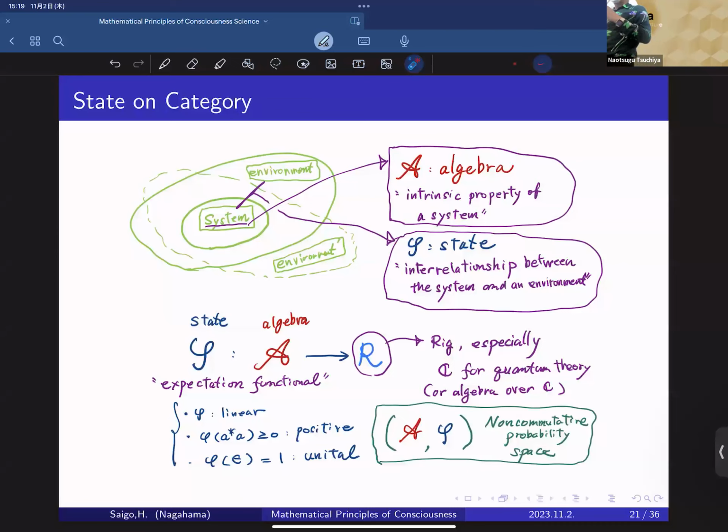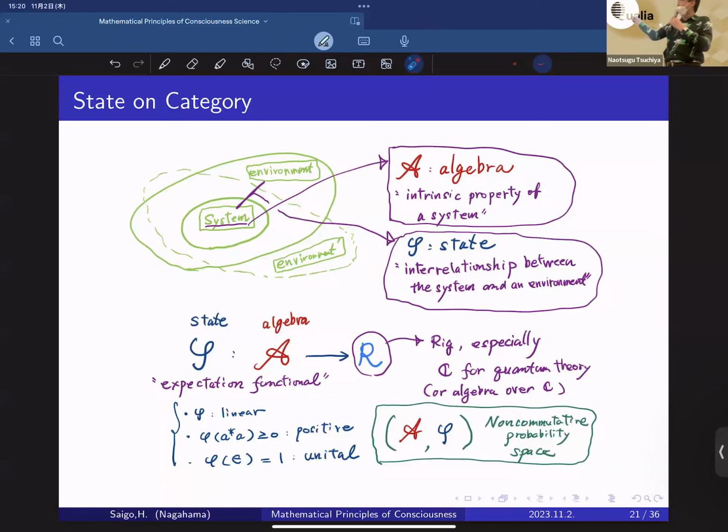It means that this state is nothing but a statistical law mapping each observable quantity into the expectation value. If the random variable has to be positive, then its expectation should be positive. In the special case of 0, 1 valued random variables, the expectation value is equal to the probability. So probability should be positive.